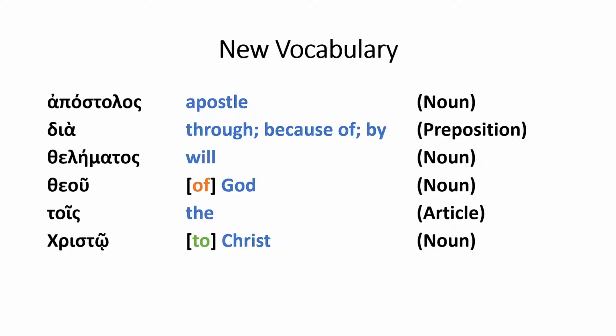So we've got 6 new words: apostolos, apostle; dia, through, because of, or by; thelematos, will; theou, of God; tois, the; Christo, to Christ. You may want to pause the video and just read through those Greek words to become fluent in saying them, because that will help with memorizing the definitions as well.